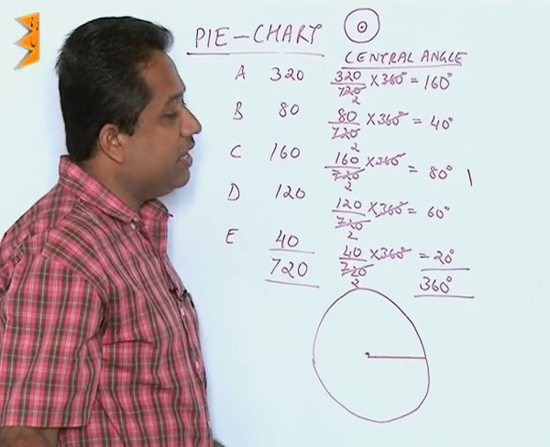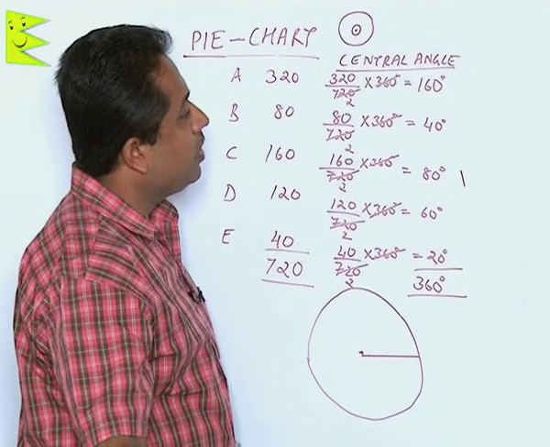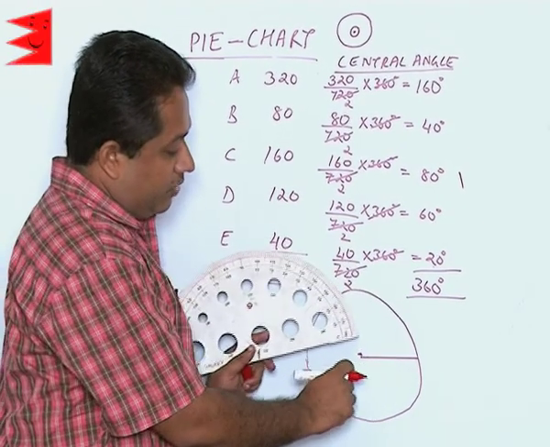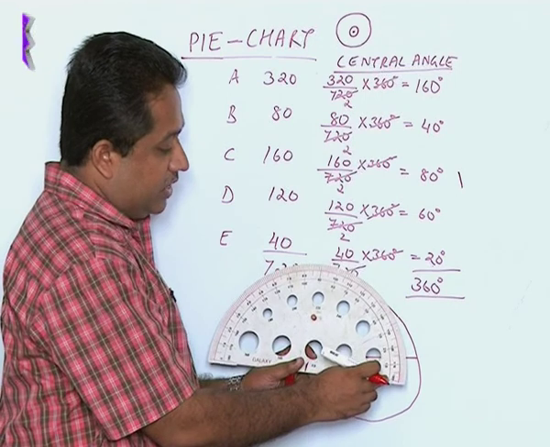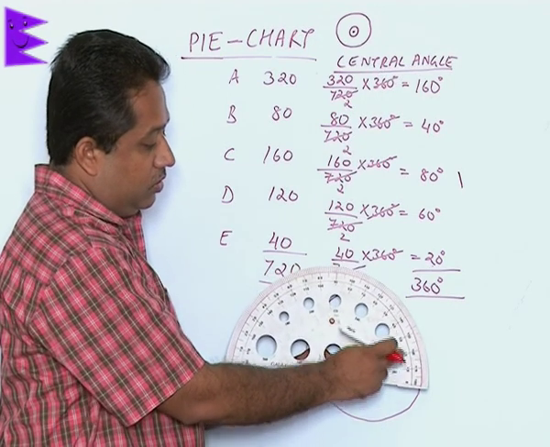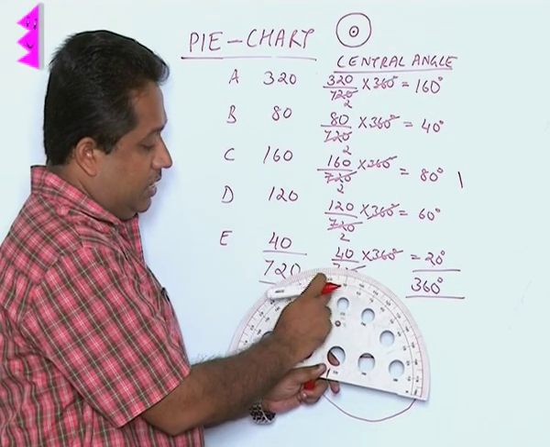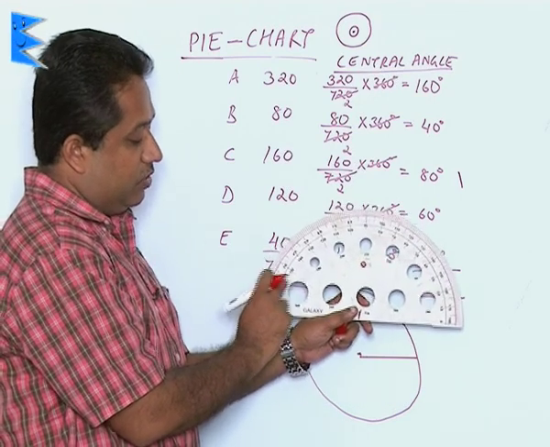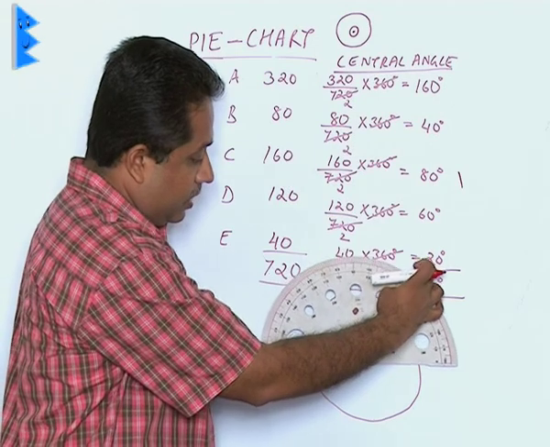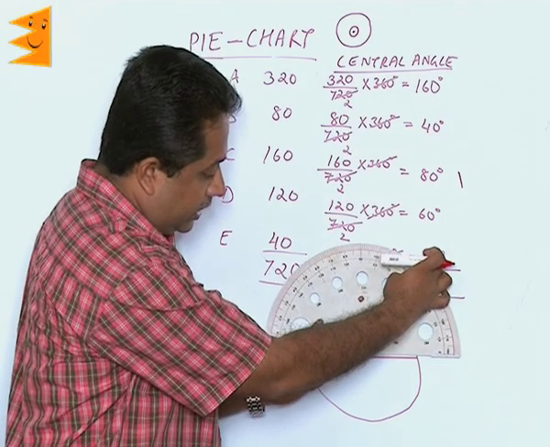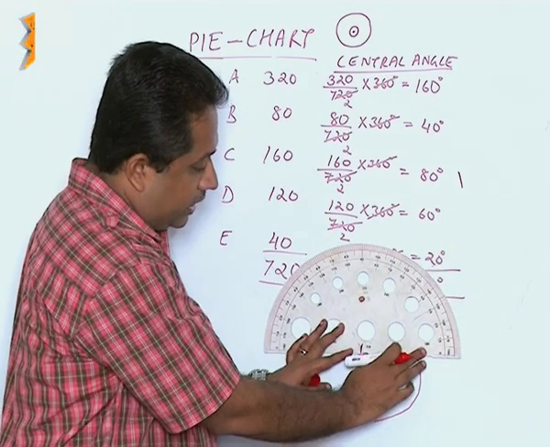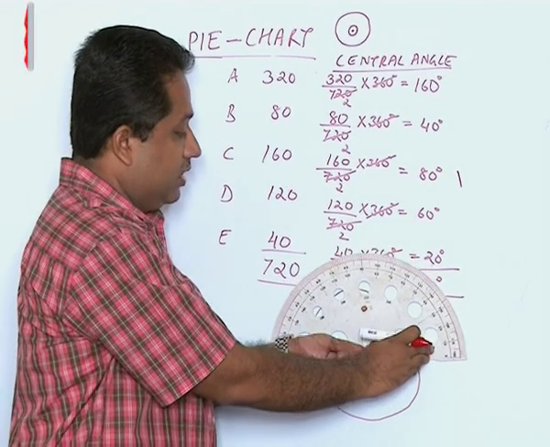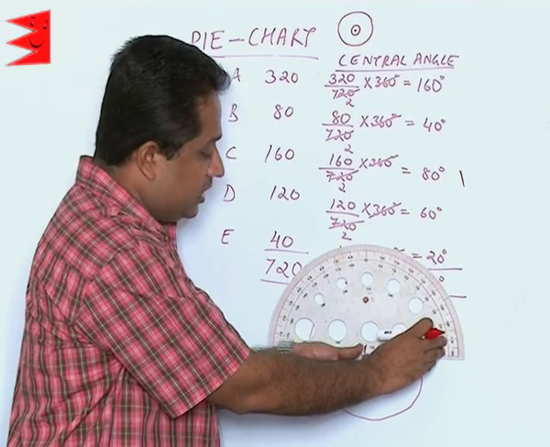Now, this 160 degrees we will have to construct with the help of a protractor. So, the protractor is here. You will have to keep the protractor and see 160 degrees. So, starting from 0, this is here 90, 120, 130, 140, 150 and 160. So, your 160 degrees will come here. We will keep the protractor carefully such that it coincides with this line that we have drawn, and then the first entry will be 160 degrees.